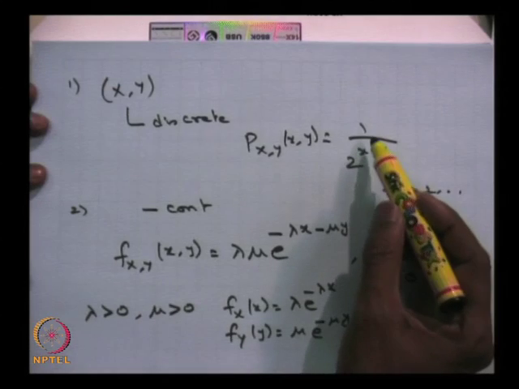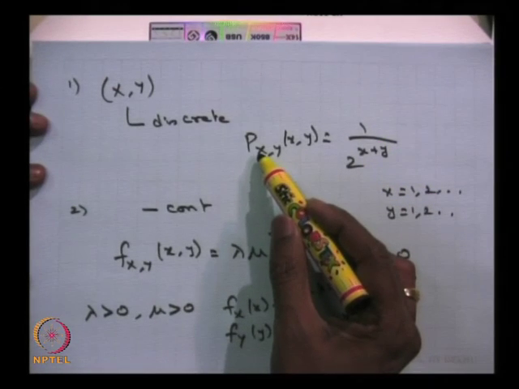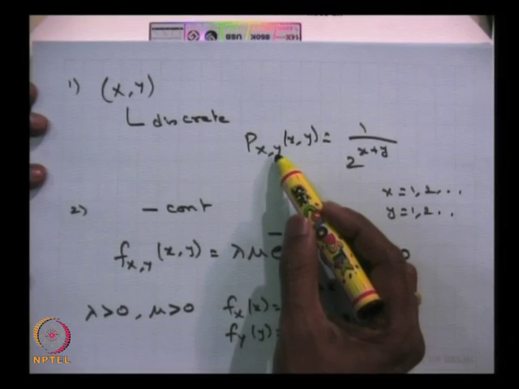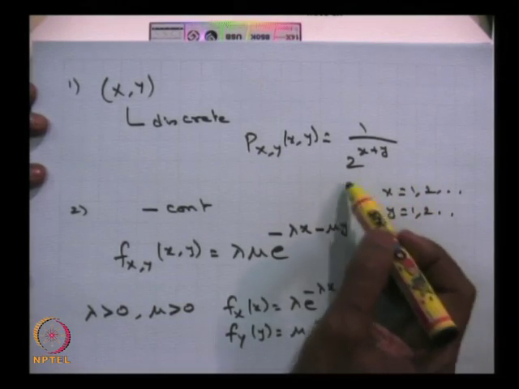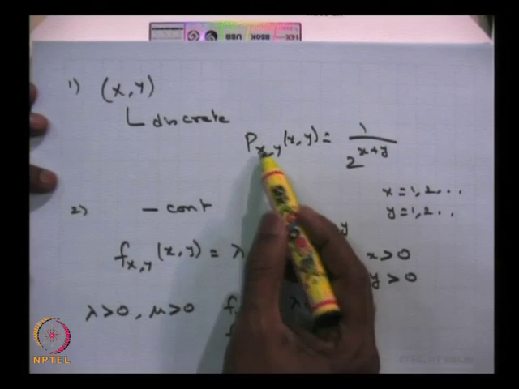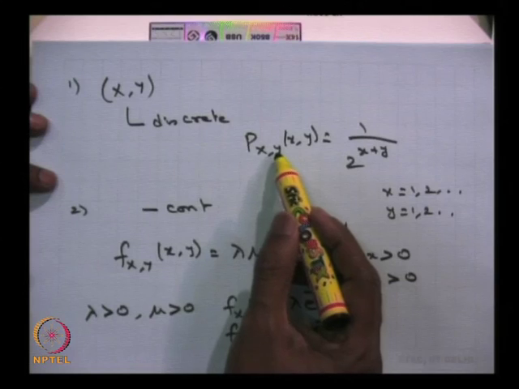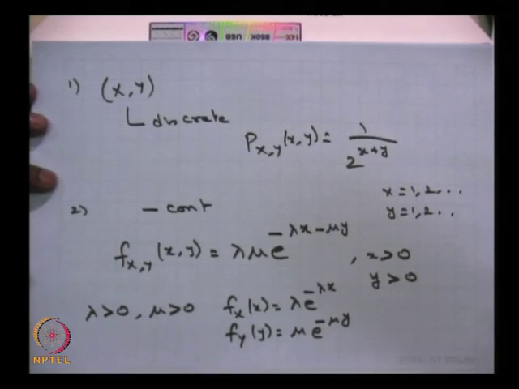Similarly, you can find the marginal distribution of the random variable x, and similarly the marginal distribution of y. If you cross check the property of independence, then that is satisfied. Therefore, you can conclude here that the random variables x and y are both continuous as well as independent random variables.